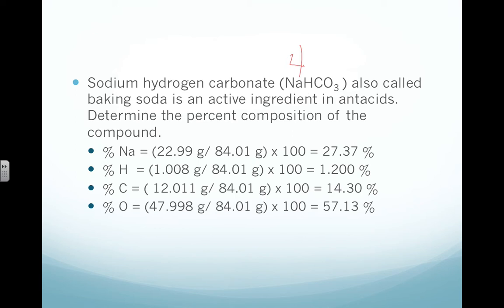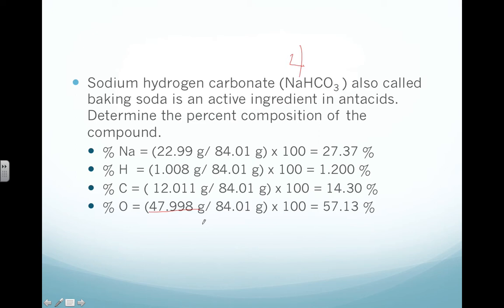Now look at oxygen. You have to be careful here. You're not dividing 16 grams by the total. Notice there's 3 oxygen, so you want to add up those 3 oxygen and then divide by the total. So please be careful when you're doing percent by mass.